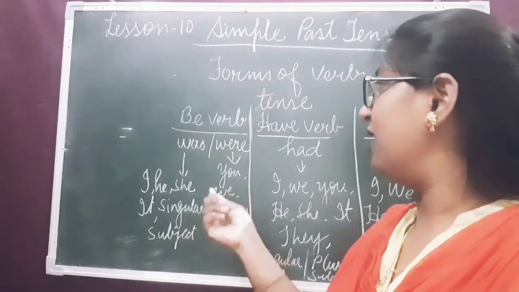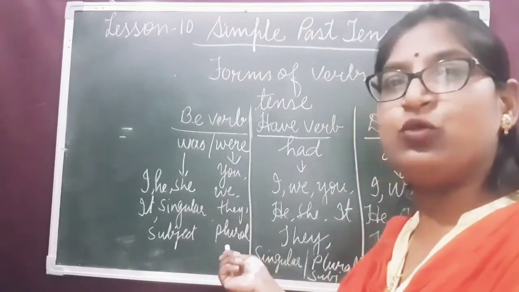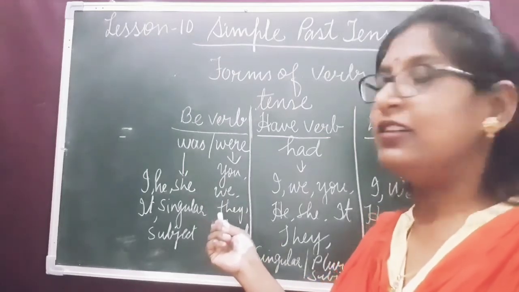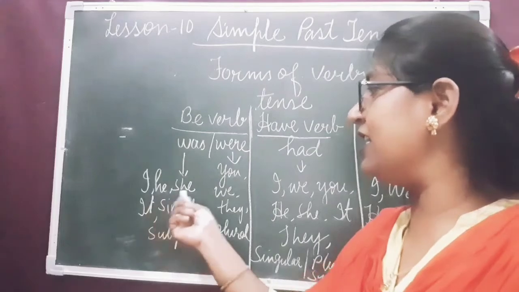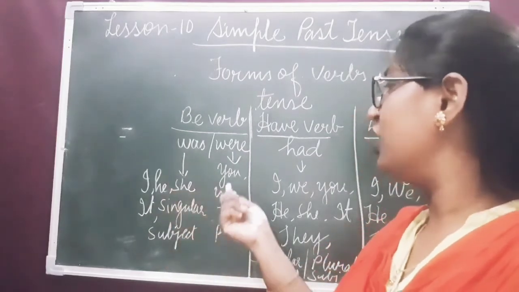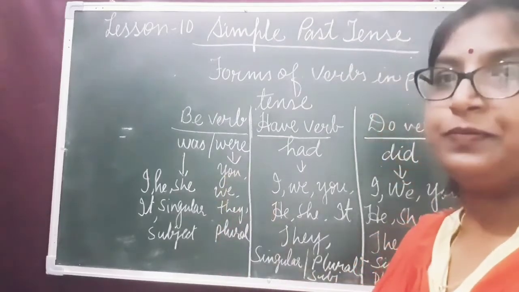When the subject is you, we, they or any plural subject, we use were. Is that clear? With singular subjects we use was, and with plural subjects we use were.